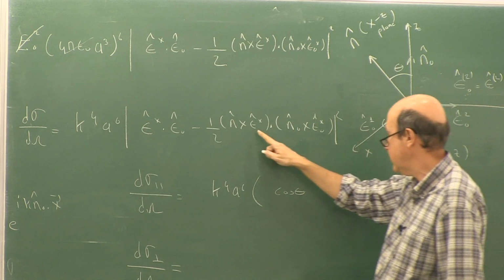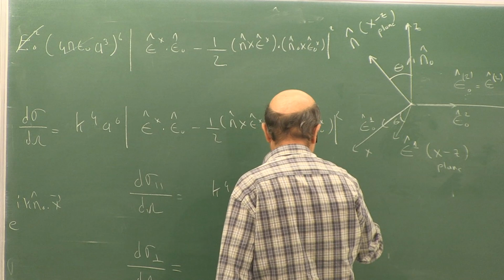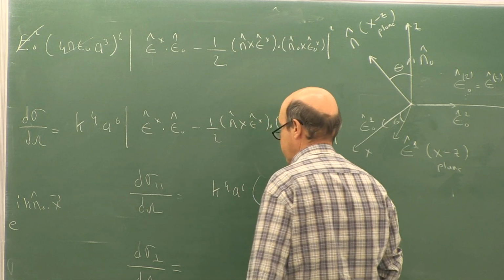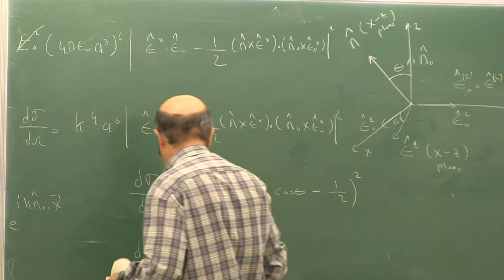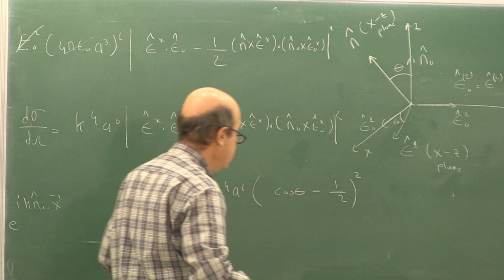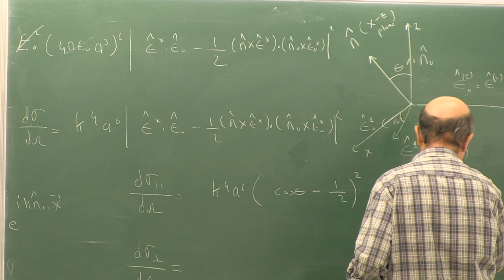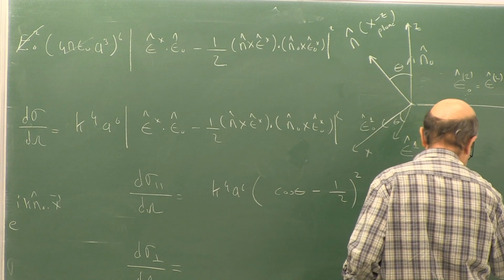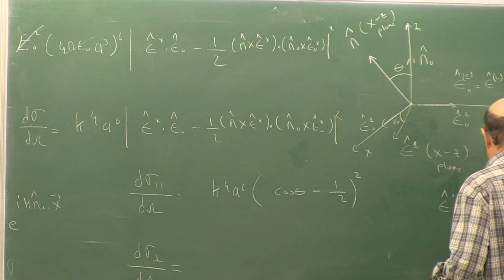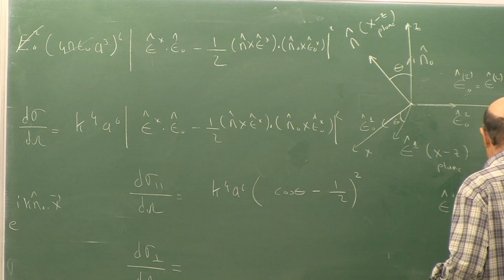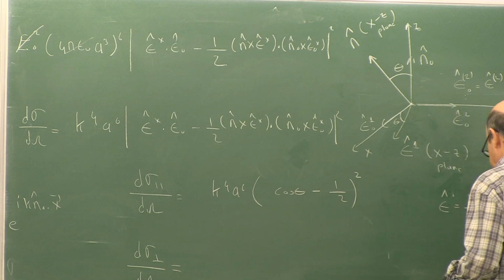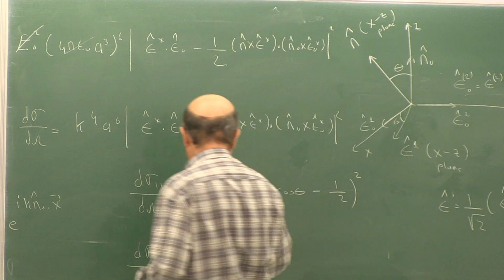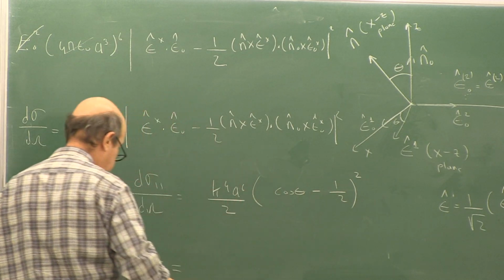So therefore, this will be 1. Therefore, result will be 1 over 2. And take the square of this. And I told you that the incident wave is something like this, 1 over square root of 2, epsilon 0,1, epsilon 0,2. Therefore, from the square of this, you will have the 1 over 2 factor, weight factor.